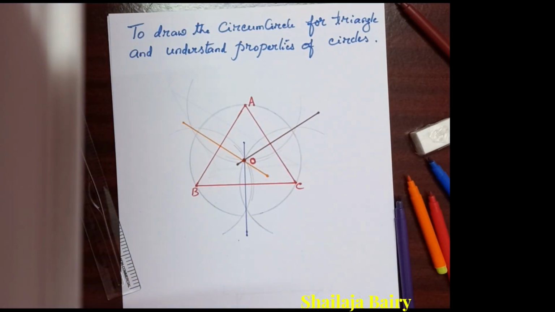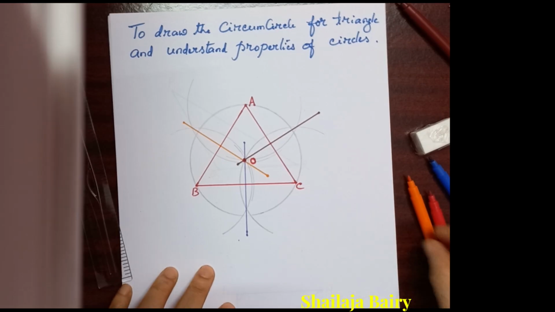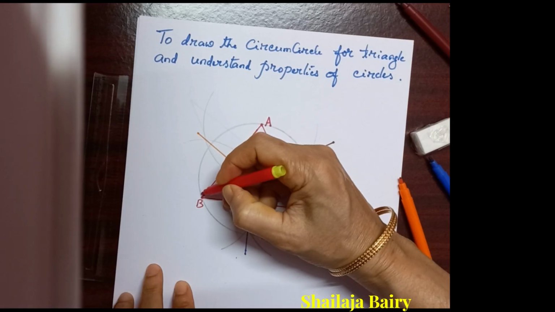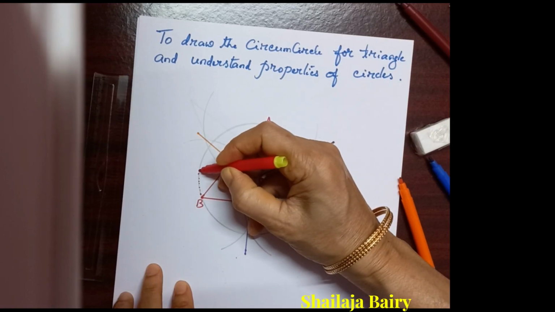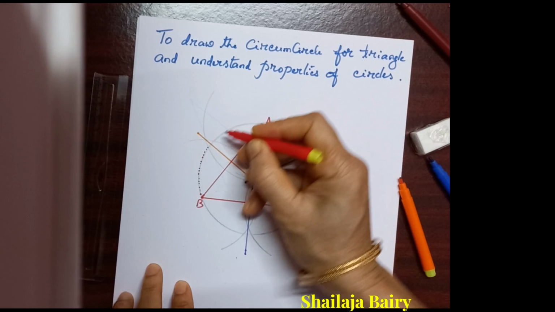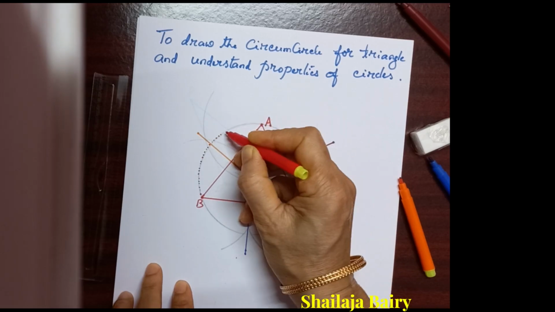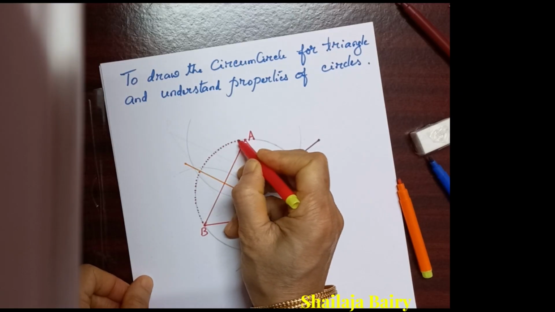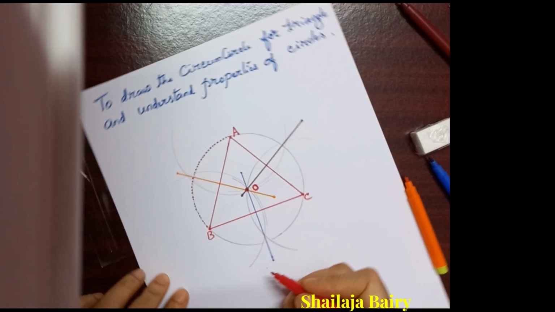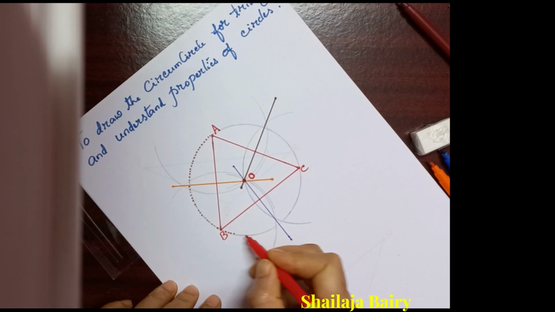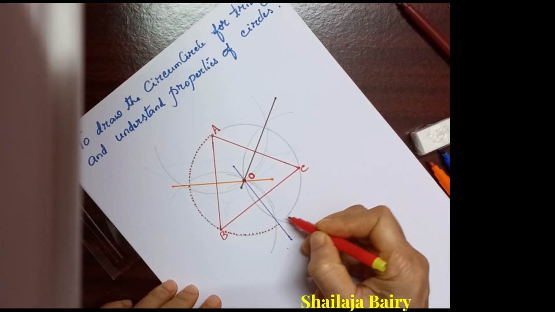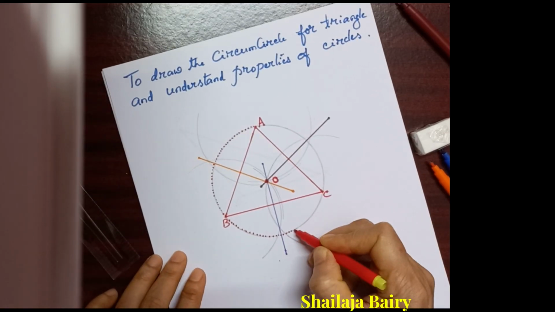So the circumcircle is drawn. Let me just highlight this, as we are going to learn certain properties of the circles using this circumcircle concept.